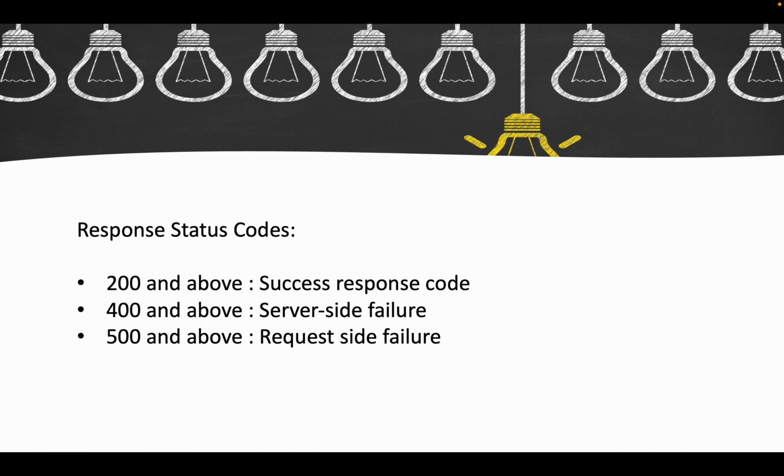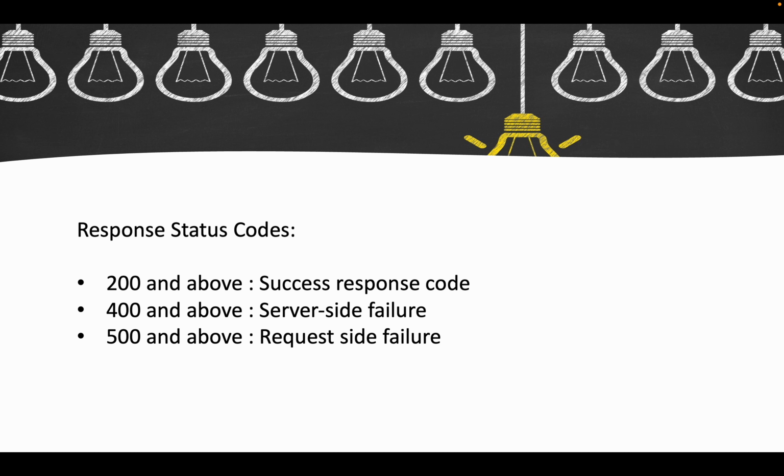Then we have response status codes. Okay, your request and response were okay, and your server is happy. Then it's going to send back a status code, which is 200 and above. If the status code is 200 and above, then that means everything is good. If the status code is 400 and above, then that means there's something wrong at the server side.